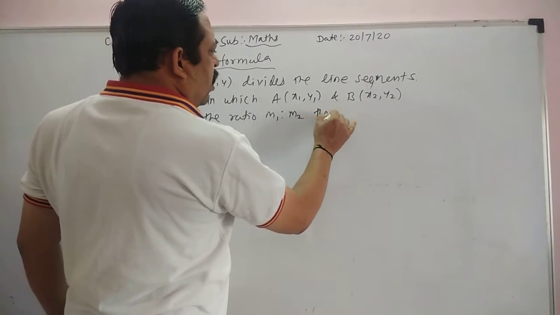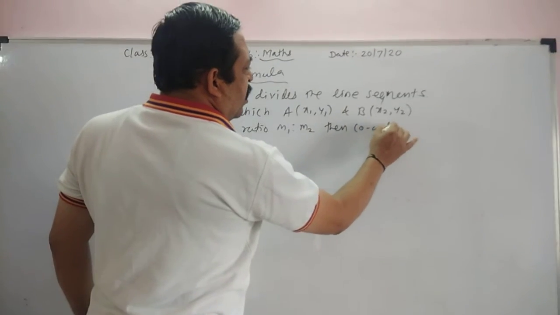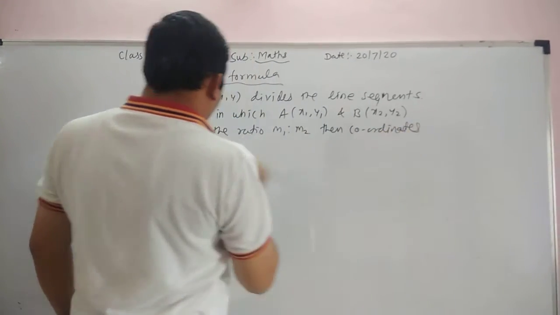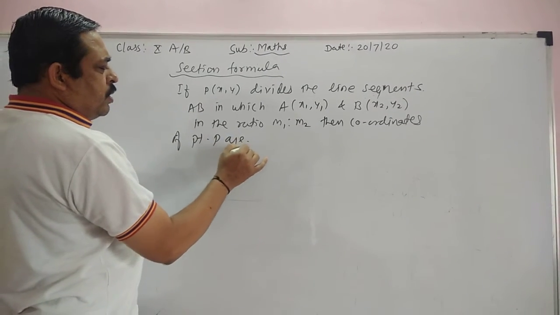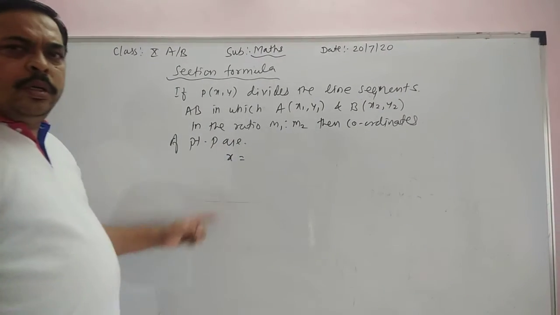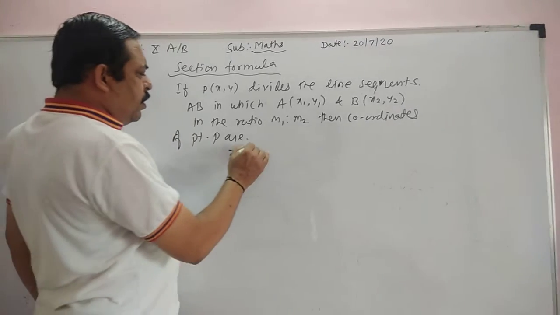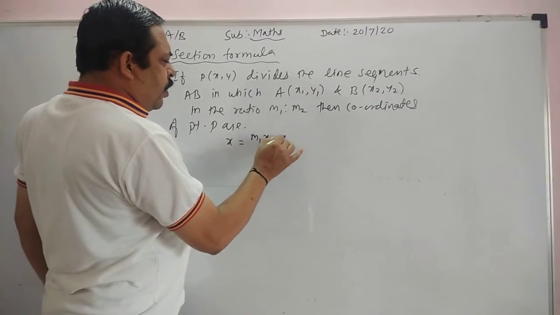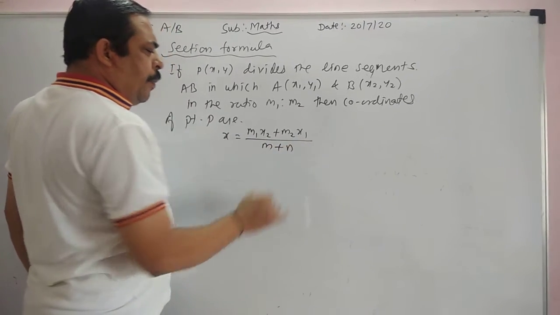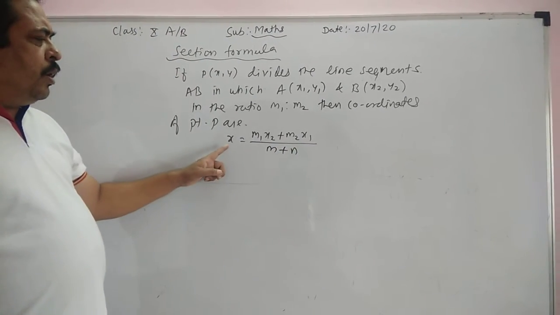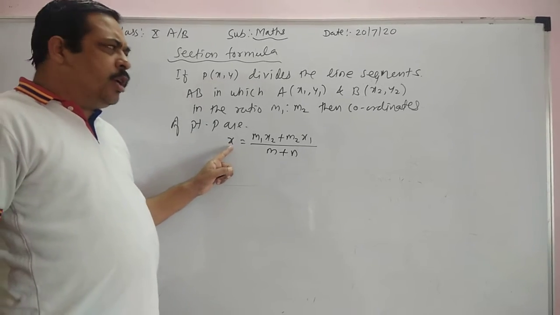Then the coordinates of point P are: the x coordinate is m1 x2 plus m2 x1 upon m plus n. How do we get the x coordinate of that point P?